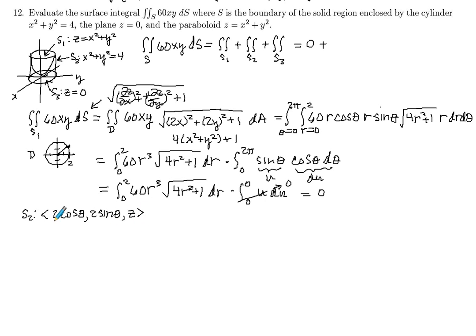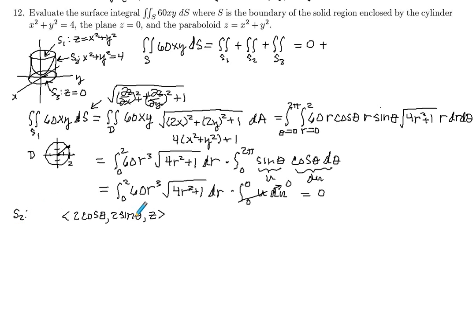Okay, so this is our parameterization for S2. That's our function r, so let's write that in there. This is our r, and it depends on theta and z.